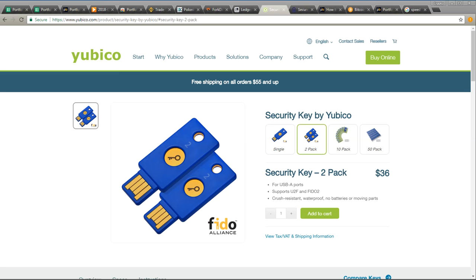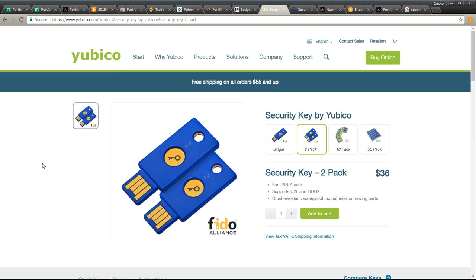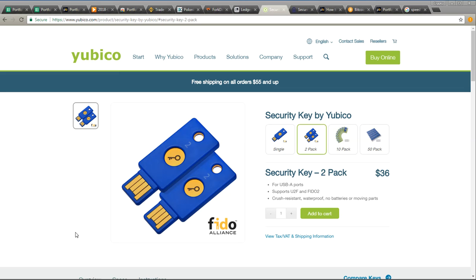So the first tool I recommend, which you really want to buy directly from their website, is the Yubico U2F security key. I recommend getting 2 so you can make a backup copy. This device makes it nearly impossible to hack into a Gmail account. You have to plug it into the computer and press that key to send an encrypted password to Gmail to access your account.